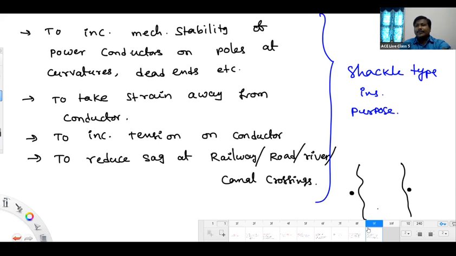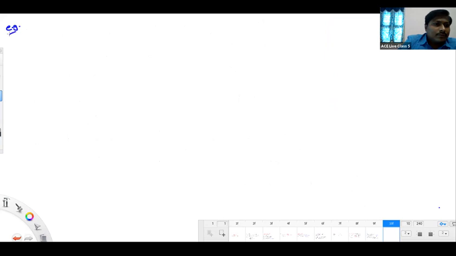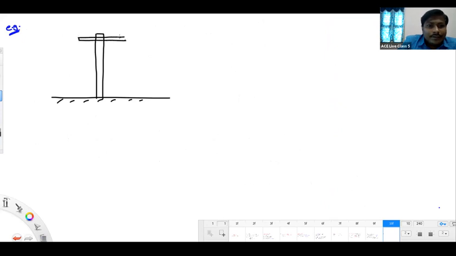Okay, so next thing. Let's say in this way. I'll show you the next slide. For example, we have one pole here, and we have one cross arm, let us say like this. On the top of this cross arm, we have a pin type insulator, and then we have some wires.